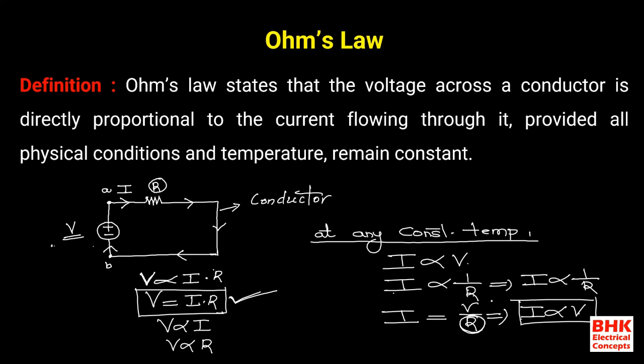For example, if the value of R is more, then the current flowing in the conductor is less. If the value of resistance is less, then the current flowing in the conductor is more.